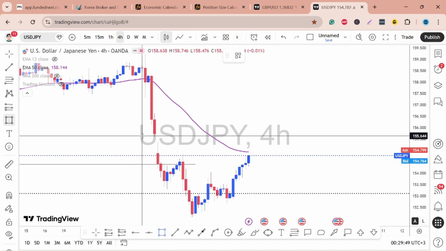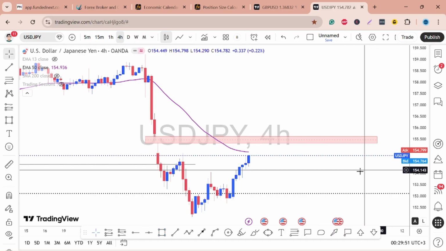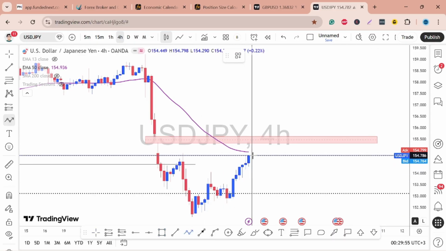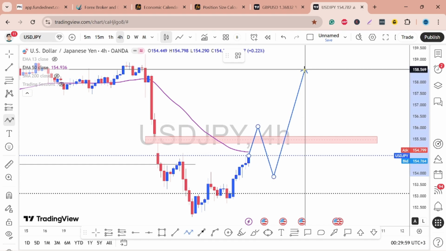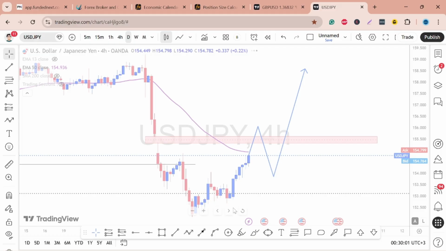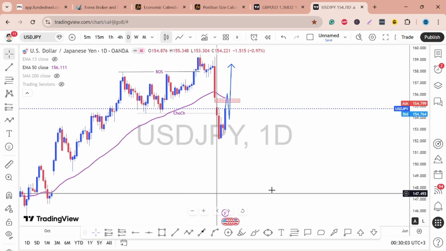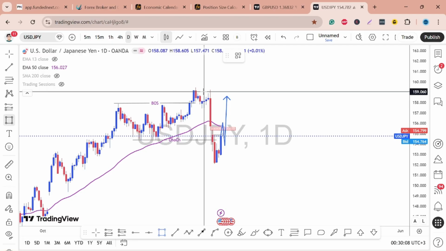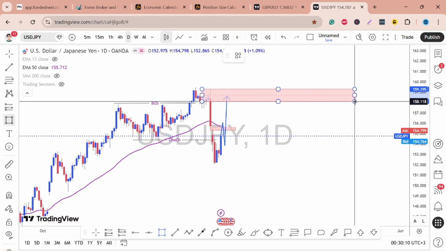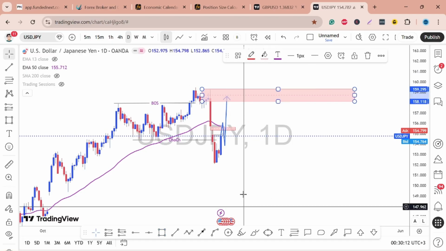Now remember, we have this gap here that needs to be filled. So we might see price pushing up, and actually the only place that the price might see a reaction is from this supply zone over here.